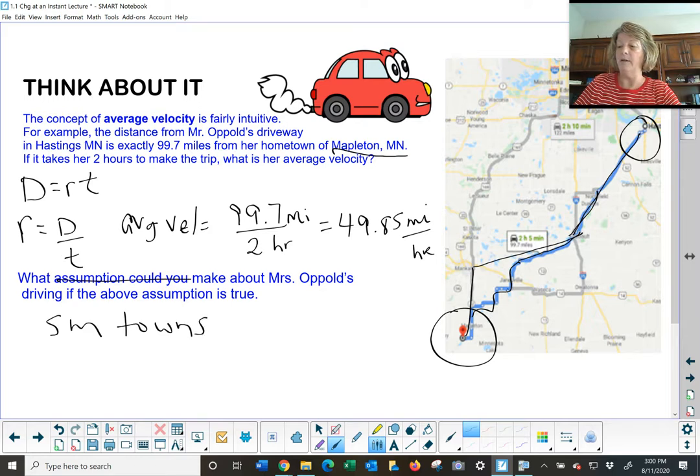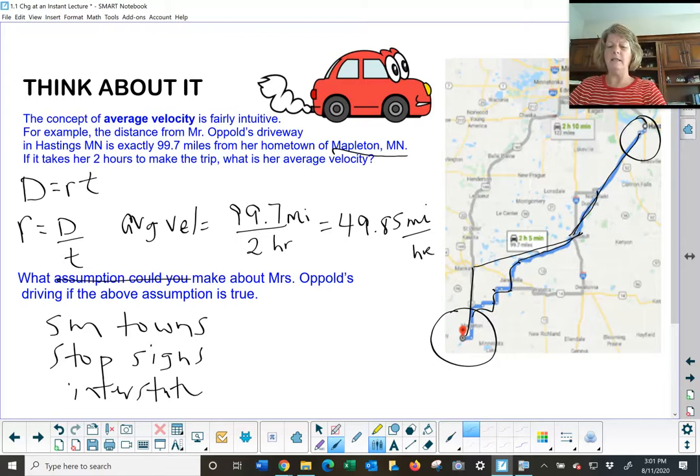I definitely have some stop signs. Sometimes I travel on the interstate where I can go 70 or 75 miles an hour. So all these things influence, don't they, the rate that I'm traveling. So we're just talking about the average rate there. Let's move ahead.